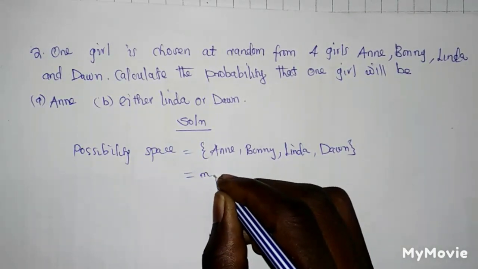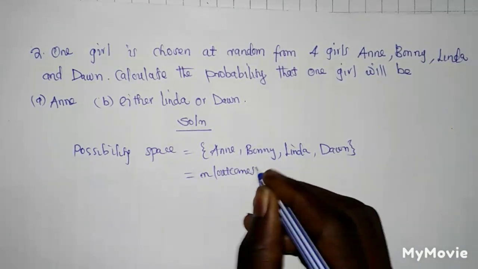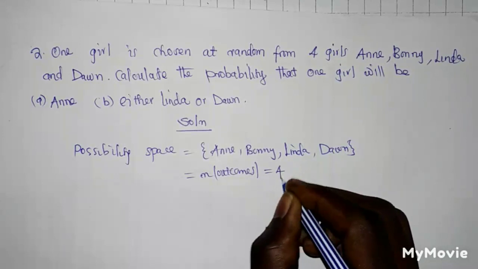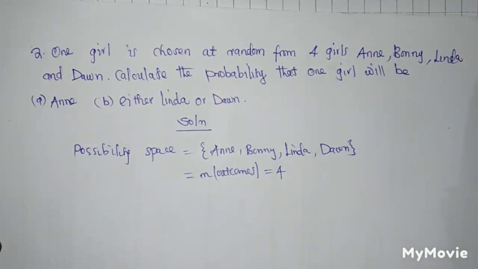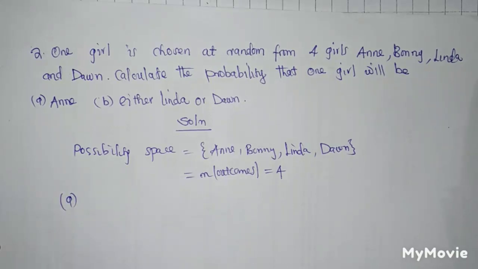Now we are asked to find the probability that one girl will be Annie, either Linda or Dawn.